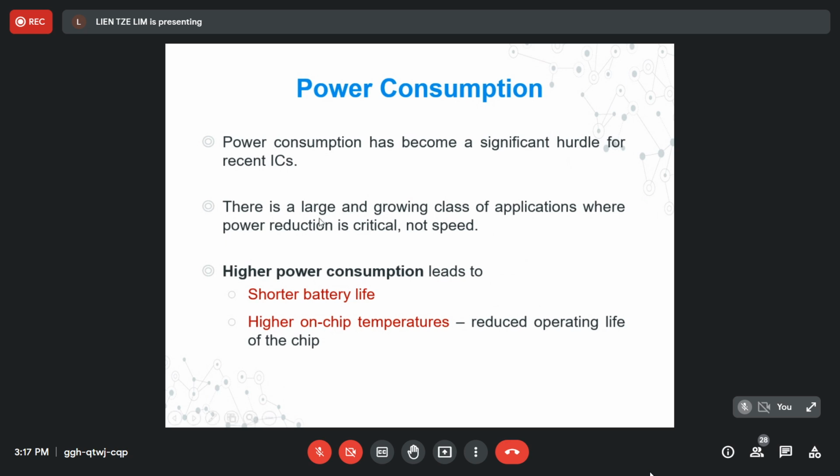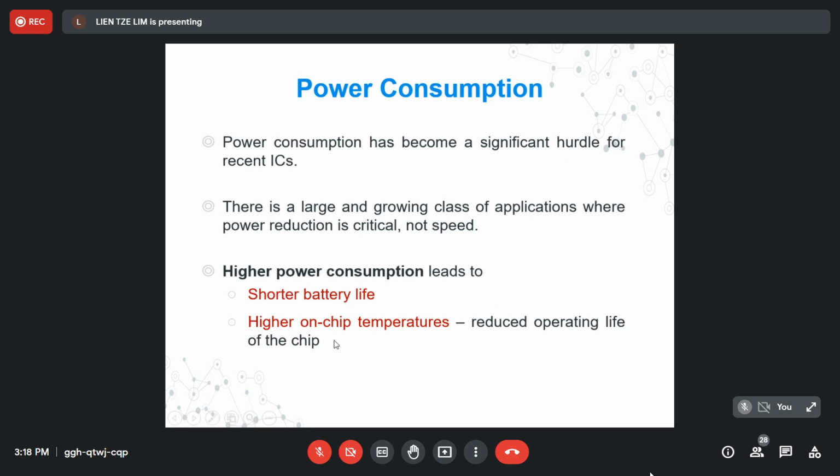There is a large and growing class of applications where power reduction is critical, not speed. Higher power consumption leads to shorter battery life and higher on-chip temperature, which will cause a reduced operating life of the chip.